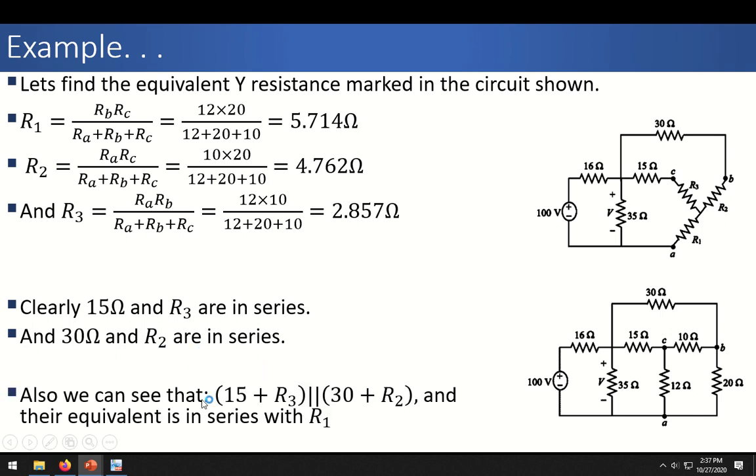So we can combine these two, and one more thing, you can see that 15 and R3, their equivalent is actually in parallel with 30 in series with R2. So we can say that 15 plus R3 is in parallel with R2 plus 30 ohm resistance. So their equivalent resistance is obviously in series with R1.